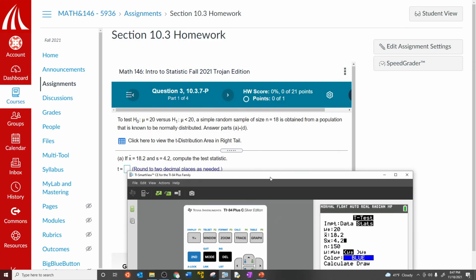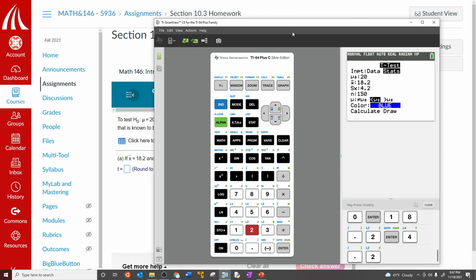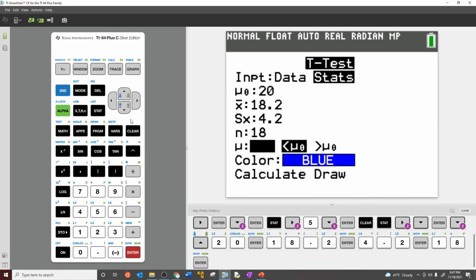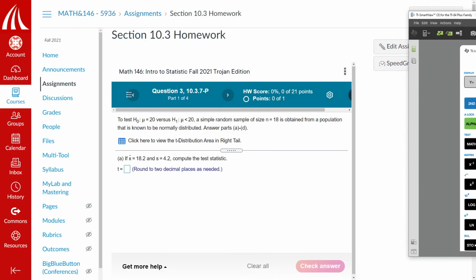N looks like the size is 18. That's important to know. And alternative is less than 20, so that's fine. Enter. All right, looks like our p-value is 0.0433. Our test statistic is negative 1.82.